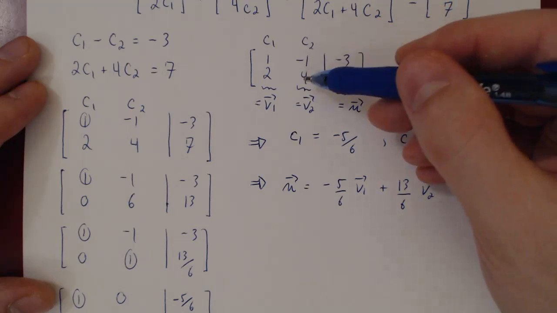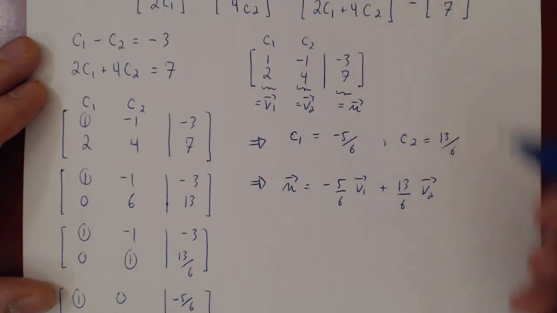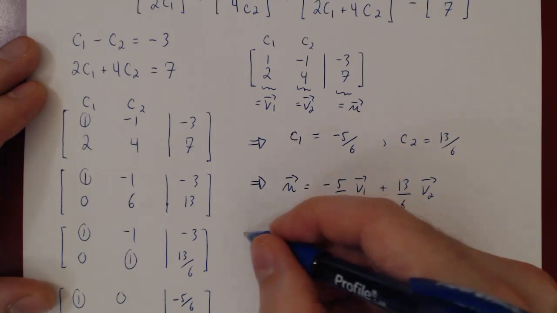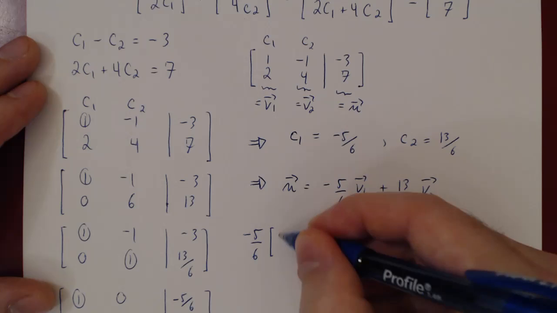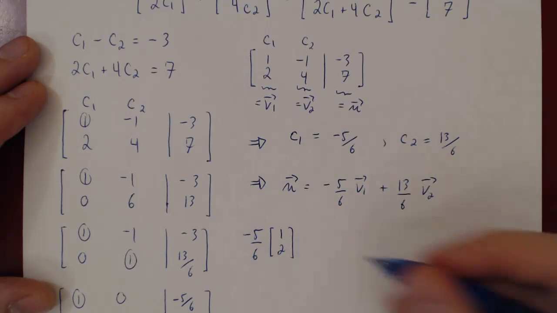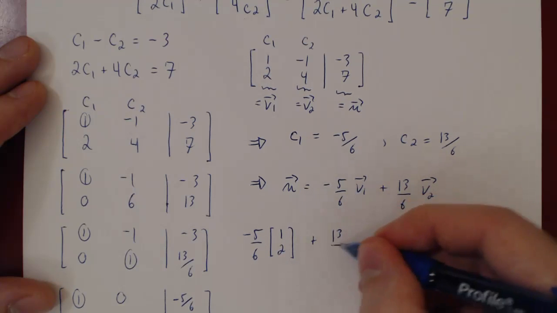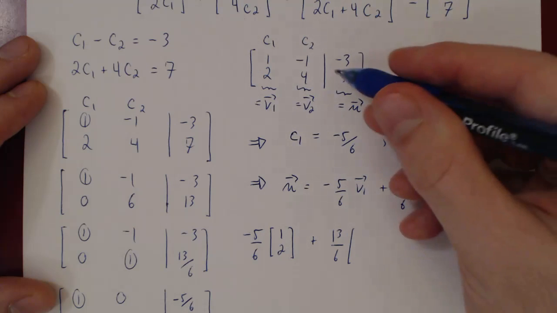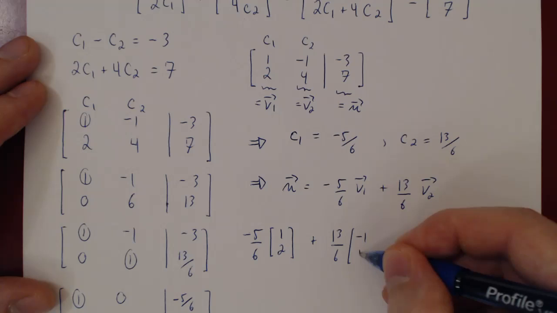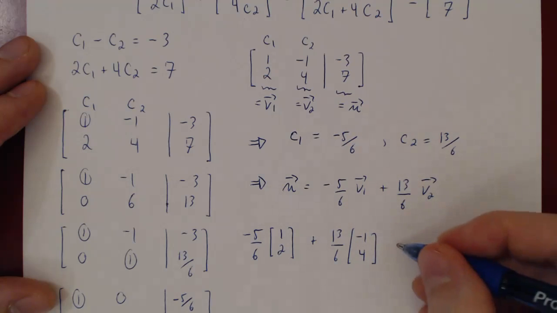The vector v2 was -1, 4. So -5 over 6 times vector v1, 1, 2, plus 13 over 6 times vector v2, which was -1, 4. And let's see what we get.